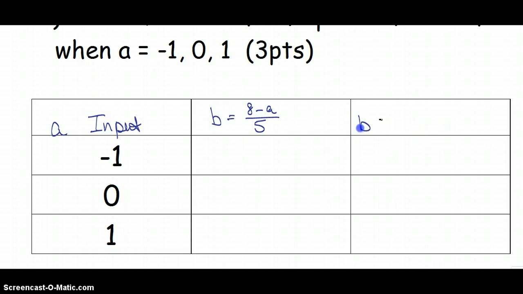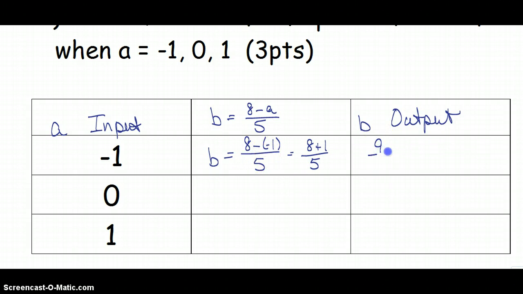This is my b value, also known as my output. So b is equal to 8 minus -1 is what I'm going to plug in for a, divided by 5. So that's really 8 plus 1 divided by 5, because negative negative is a positive. So my answer is 9 over 5.